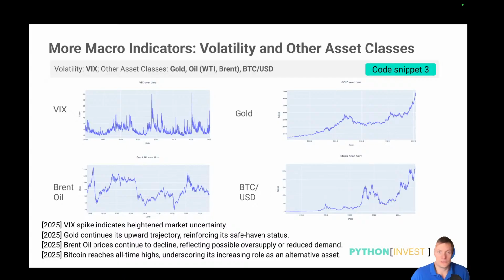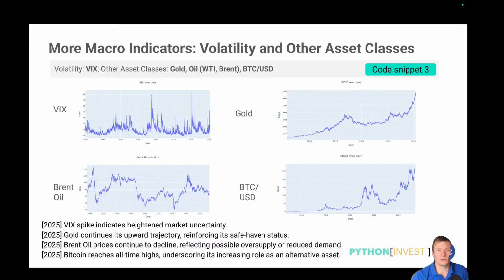So we add a few other important assets to the data set. First of all, it's gold. It can be silver or any other metal, or several examples of one asset class. The important thing is that we live in one big world, and markets are interconnected. So if you are trying to model crypto or stocks for one country, you can't do it only by using features from that particular market.